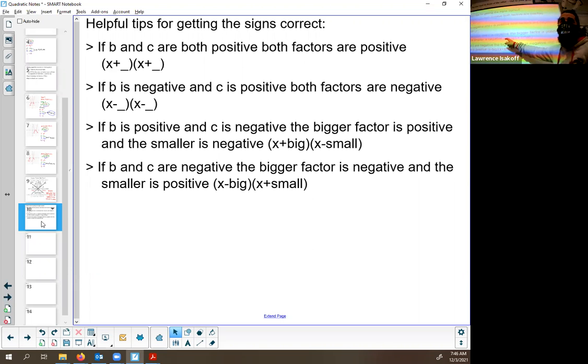So it's going to be x plus the bigger factor that you find and x minus the smaller factor you find. When both B and C are negative, that switches. Now the bigger factor is negative and the smaller factor is positive.